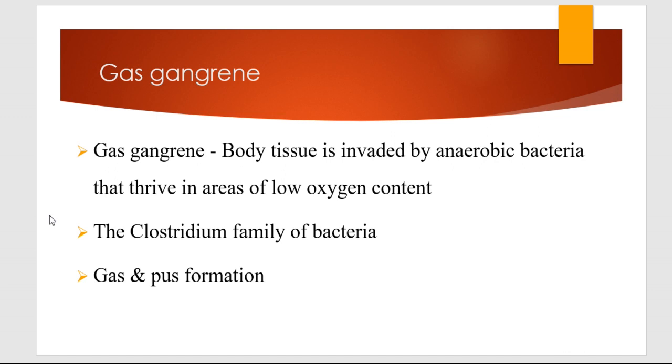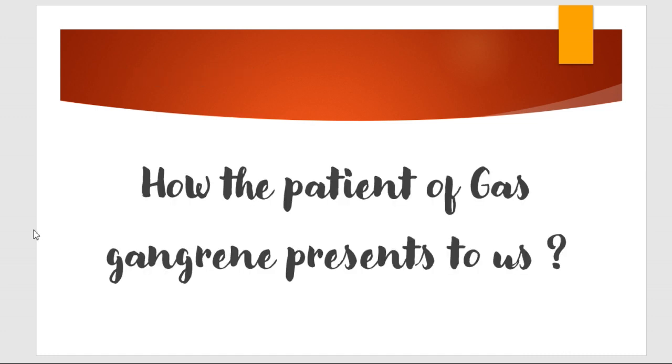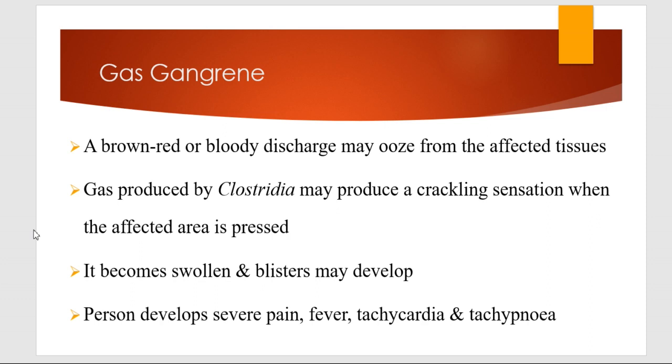There is presence of gas and there is pus formation, and whenever the body tissue is invaded by anaerobic bacteria, this is the condition. And these anaerobic bacteria, they can live in low oxygen content, right?